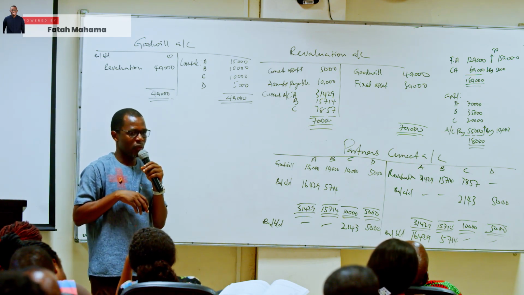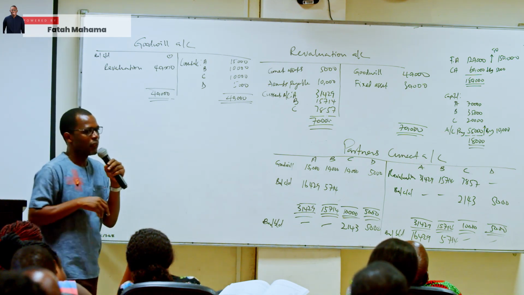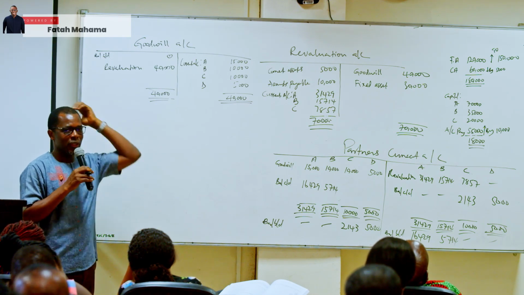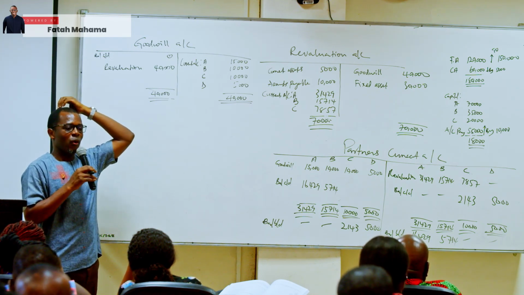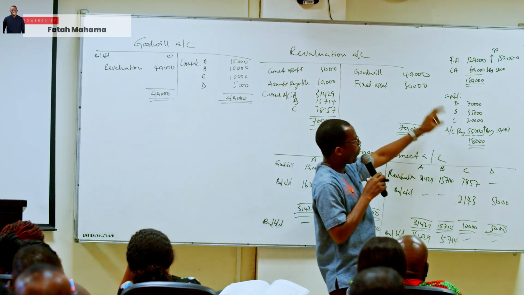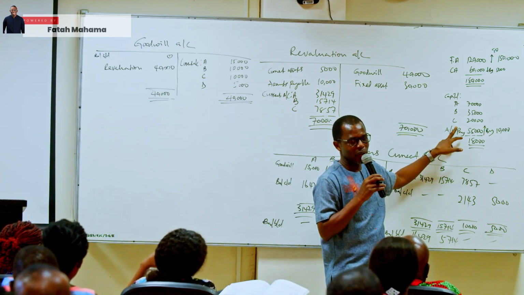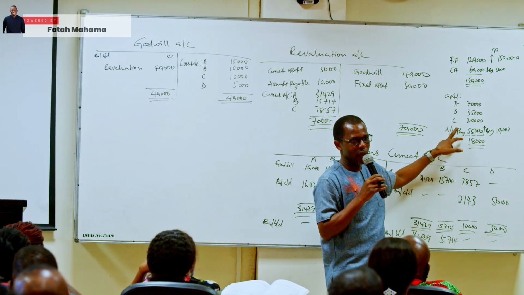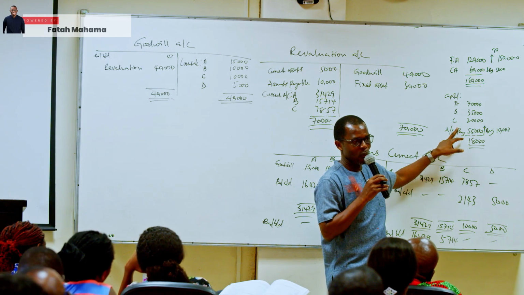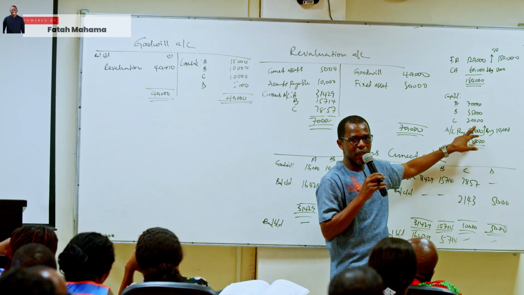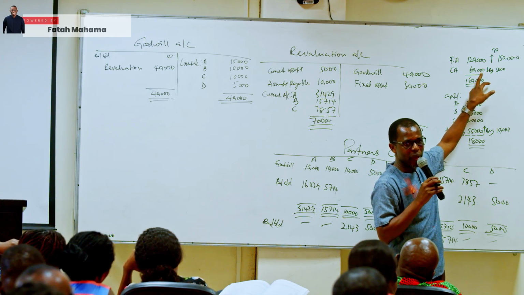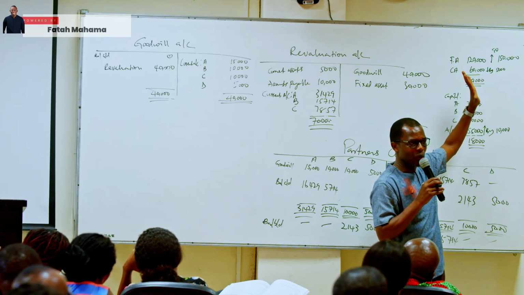We're good. Now let's prepare our balance sheet. And this is where you must pay attention to details, right? The only tricky thing here is that, remember when D brought in capital, the firm would have received money. So if we are giving D 80,000 capital, our current asset must go up by 80,000 because bank would have gone up.